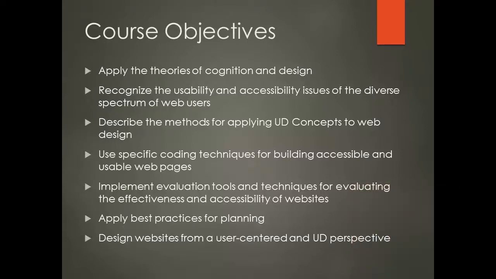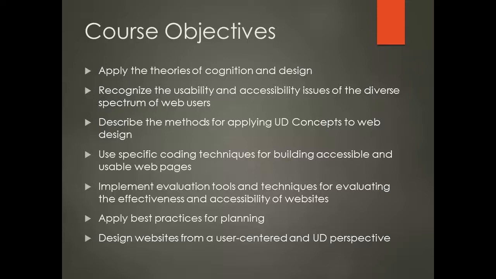Be able to use specific coding techniques for building accessible and usable web pages. Implement evaluation tools and techniques for evaluating the effectiveness and accessibility of websites. Learn to apply best practices for planning and preparing the design of a website. And finally, learn to design websites from a user-centered and universal design perspective.